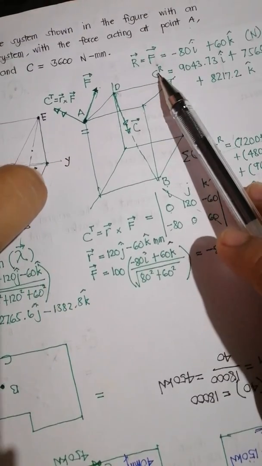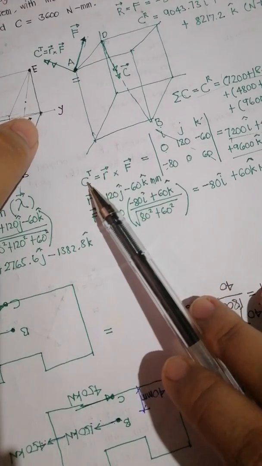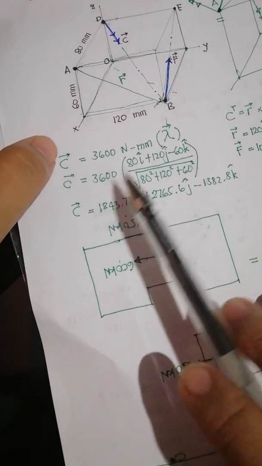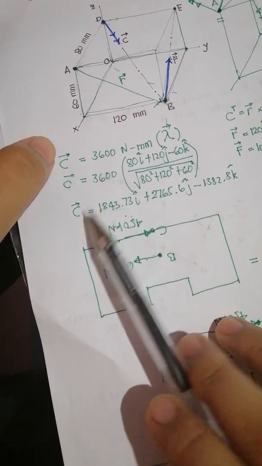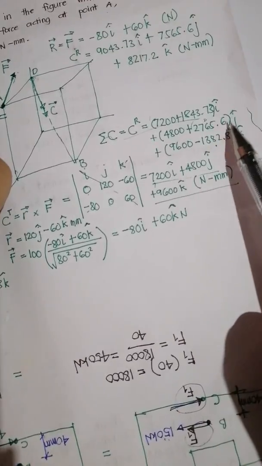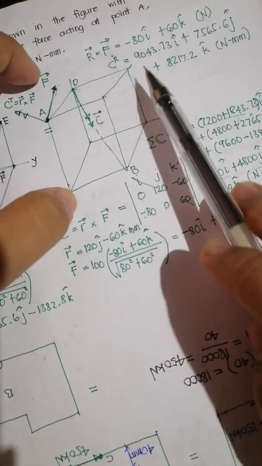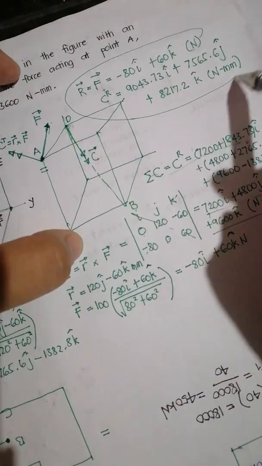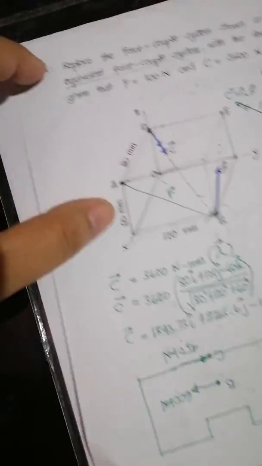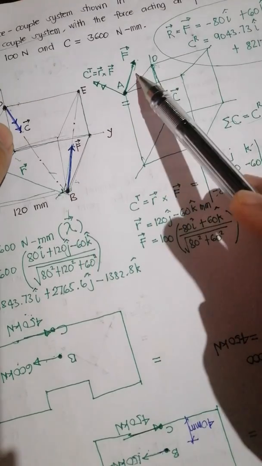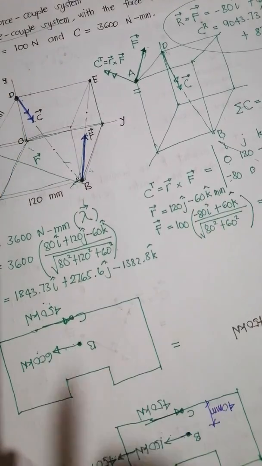So for the transfer couple i hat 7200, we added it with the i hat of couple vector C, and the same with the j hat and k hat, individually adding. So this is now the equivalent force couple system if we change this one with this one. Okay, so that's it. Thank you.